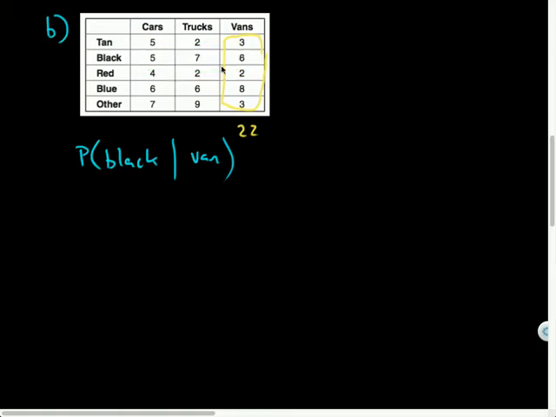I'm only interested in vans. So which of these vans are black? Well, that would just be that section of them. So that would be 6. So the probability would be 6 over 22, which reduces by 2 to being 3/11ths is the idea.